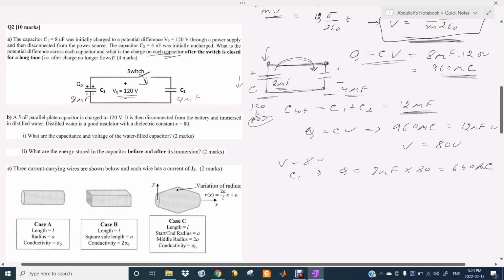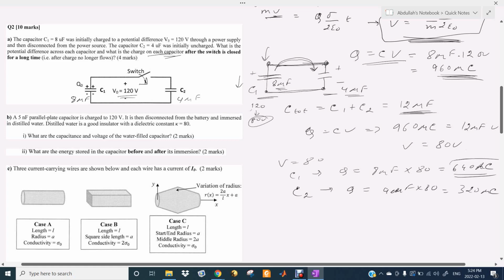So you see the charge dropped. And the amount of charge that dropped is the same amount that has been stored into C2, so that has to be equal to 320 microcoulomb.